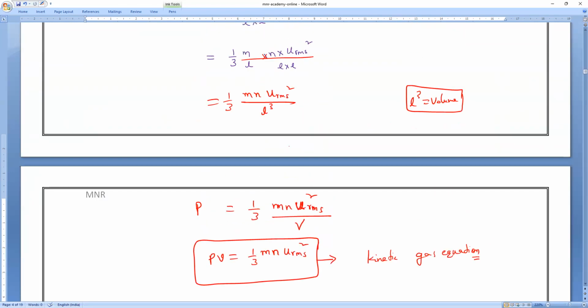So this is the derivation. Hope you all are clear. So now P indicates what here? P indicates pressure, V indicates volume, 1 by 3 constant, m mass of one molecule, n number of molecules, u square is the mean square velocity, root of mean square velocity.